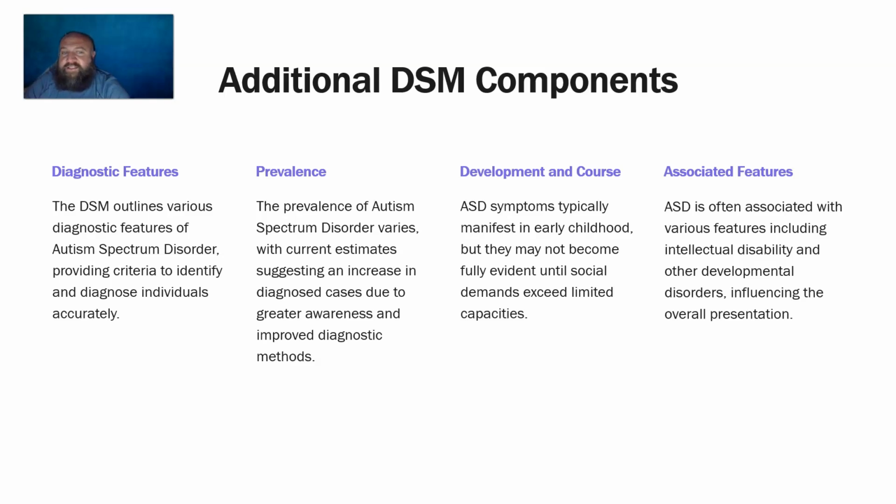Development and course. ASD symptoms typically manifest in early childhood, but they may not become fully evident until social demands exceed limited capacities. It is very common that children with ASD, especially, sadly, those in lower socioeconomic conditions, poorer individuals, may not have as full access to medical care, and their parents may not see the early symptoms.